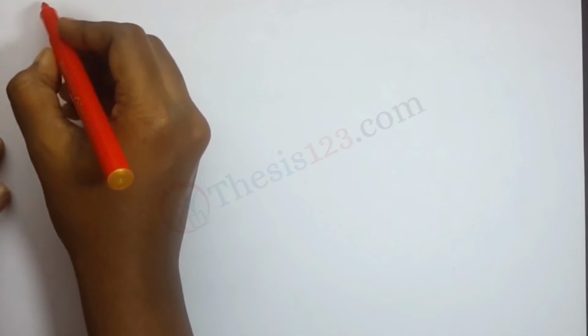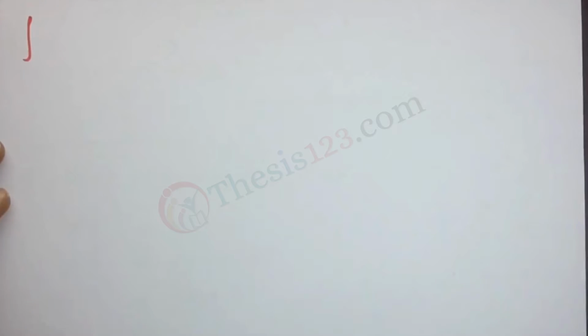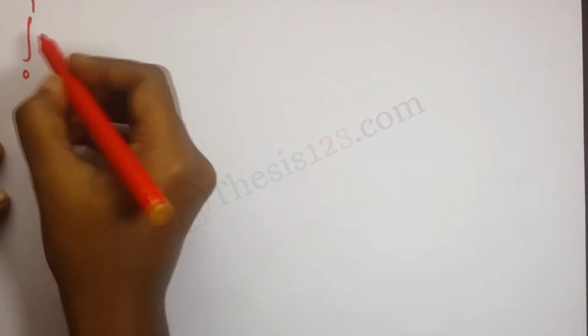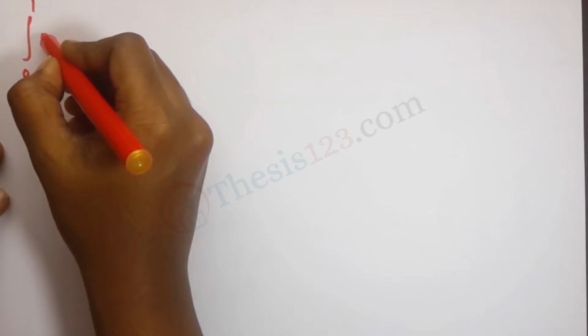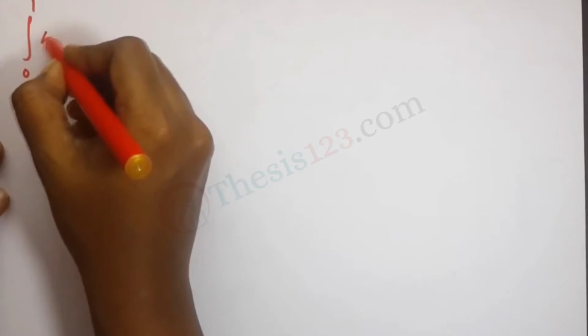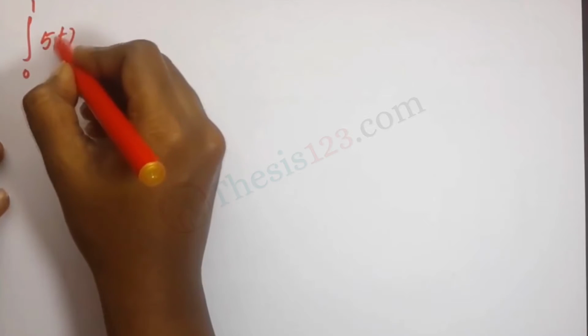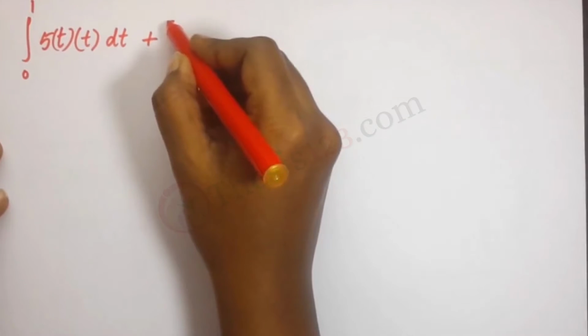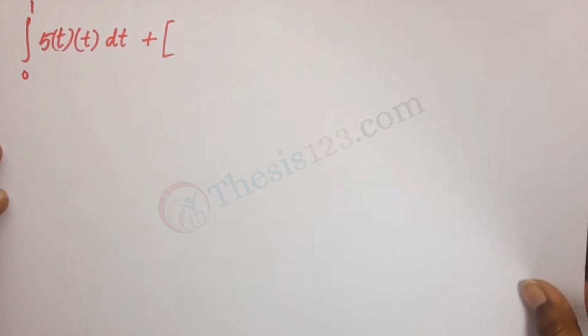Okay, alright, so now I'm going to write it here. Since we are converting it in terms of one parameter t, we can write the limits of the integral from 0 to 1. So the first term is 5xz dx, which we write as 5t into t dt, plus the second term, which is 3x square plus 2y.